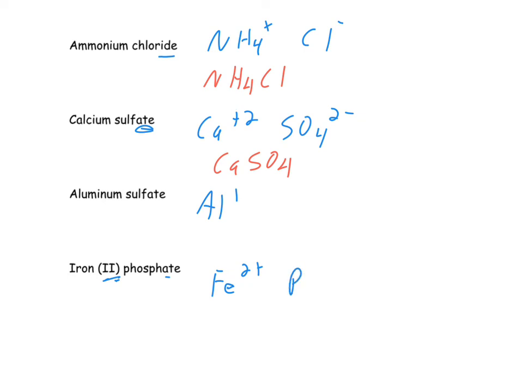Phosphate is the only -3 polyatomic on your list, so it's PO4 -3. And sure enough, that doesn't add up to 0, so we're going to cross a 3 and a 2. When we clean that up, it's going to be Fe3, no parentheses, it's a single element, and (PO4)2. Parentheses around the phosphate because we added a subscript.